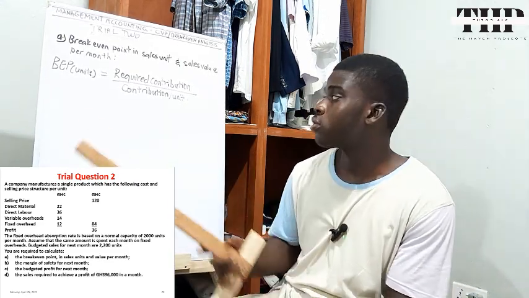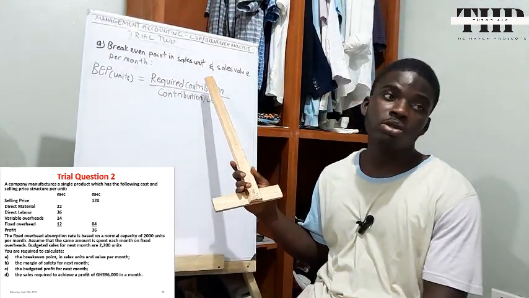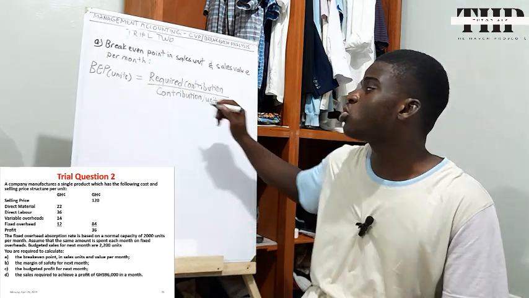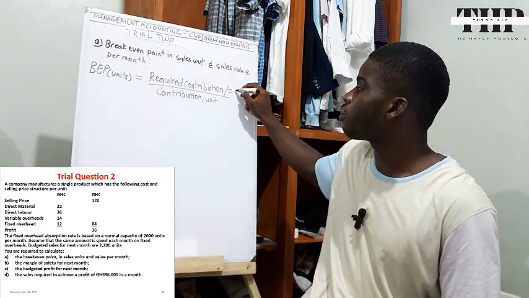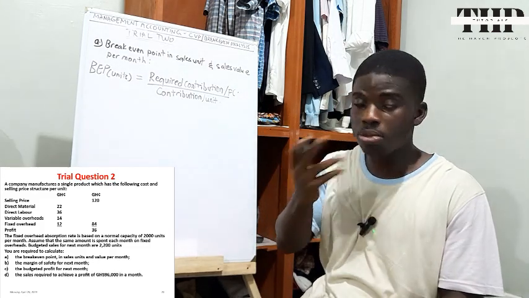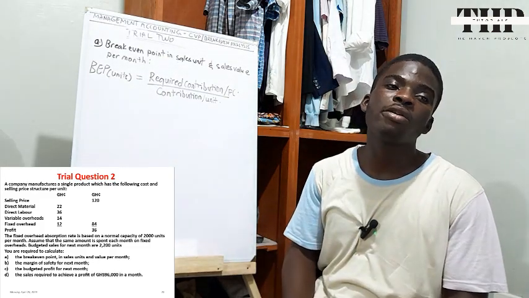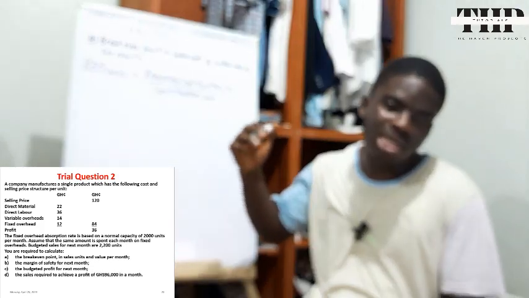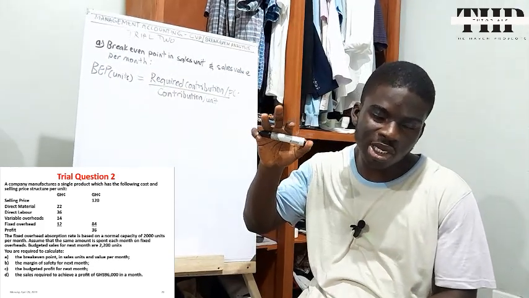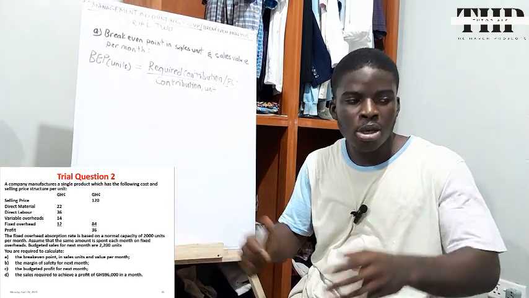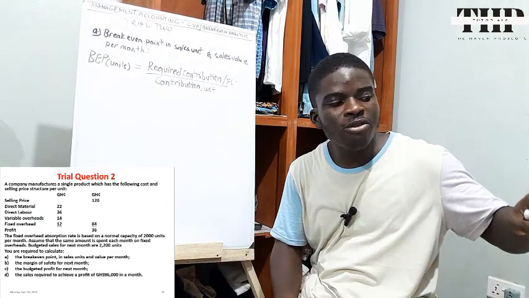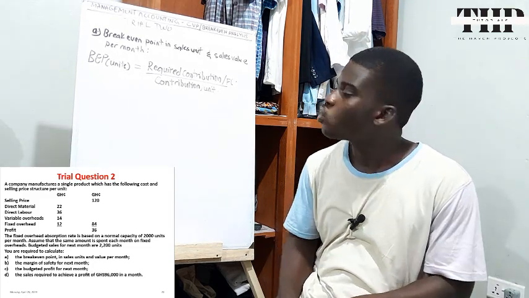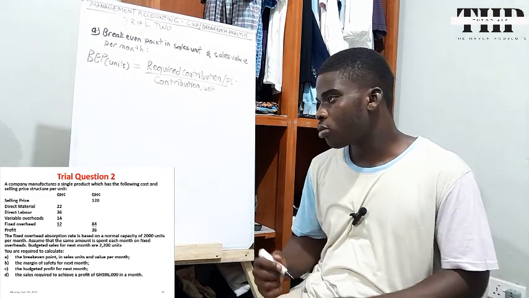Alright, sorry. So the required contribution is the fixed cost. Now, the fixed cost that I'm talking about was not stated in the question, but we have been given the fixed overhead per unit. So that is going to be our OAR.